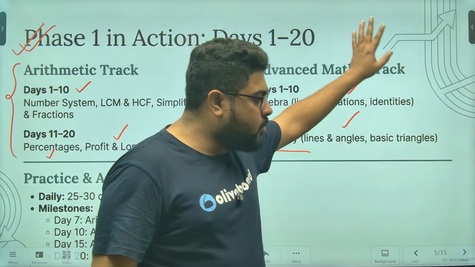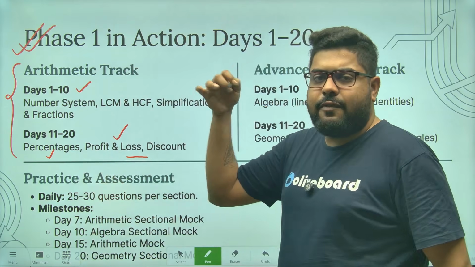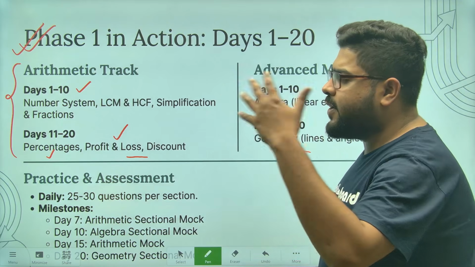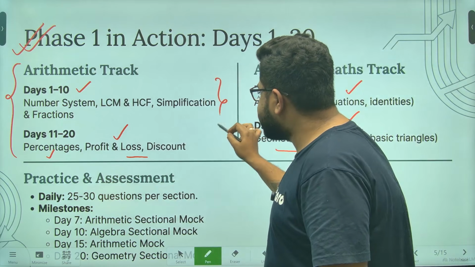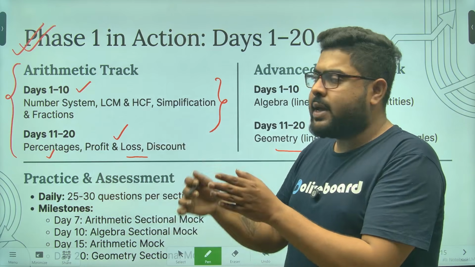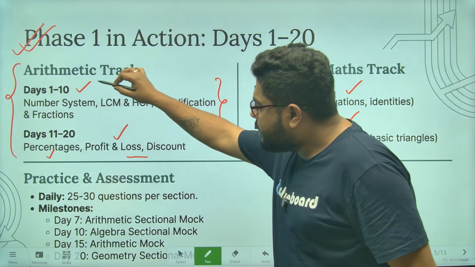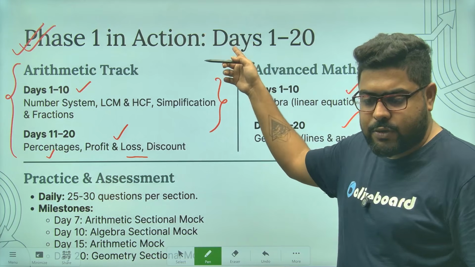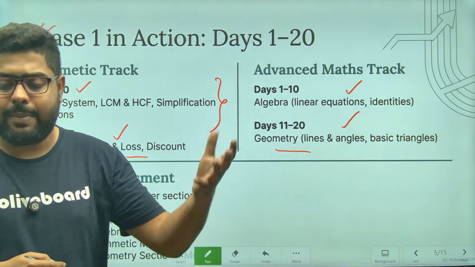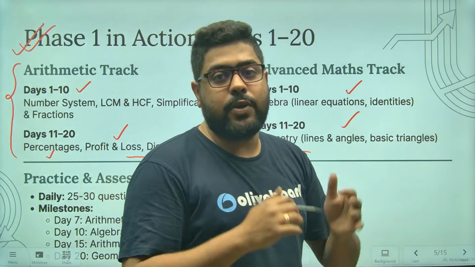I have given you a very generic approach that will work for most. If you feel your number system is ready, you can shorten the number of days here. If you need to put a little emphasis on another part, take 2 days from here and put those extra 2 days there. Let's say you need a couple days more in probability. Fine tune this strategy according to your needs.